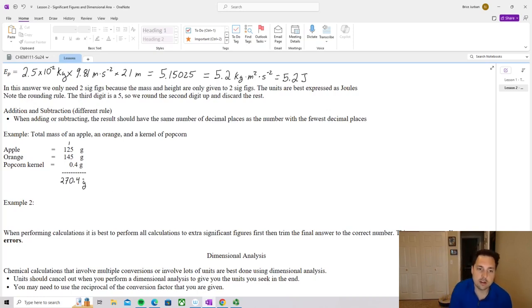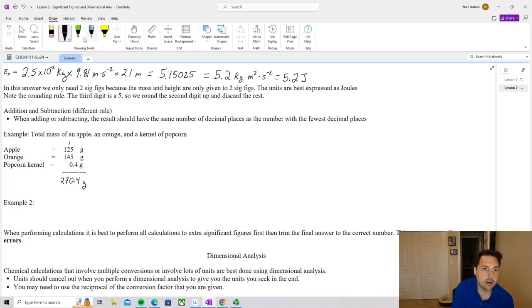But the interesting thing here is the precision of the popcorn kernel is higher than the precision of the apple and the orange that is measured. So really, we don't want to report the mass as 270.4.